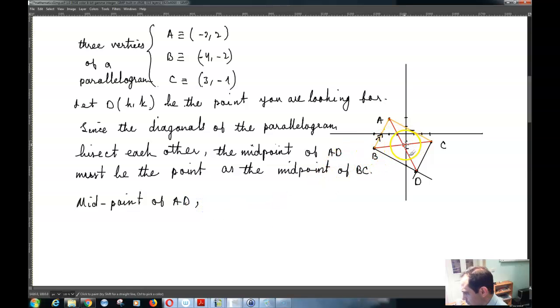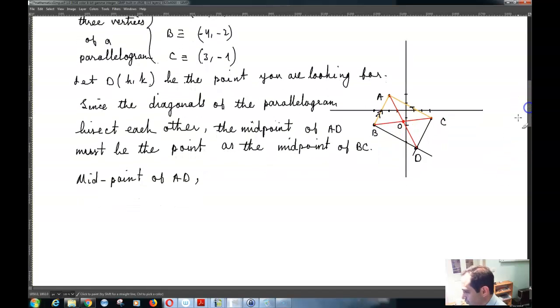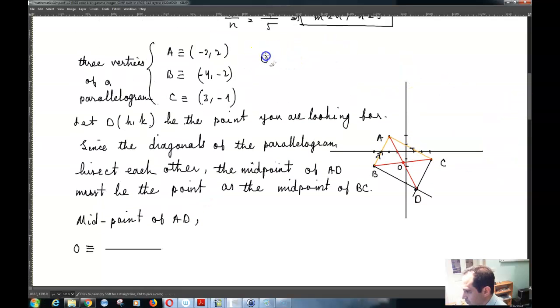If I call this point O, the coordinates of the point O with respect to this line AD would be, for the x coordinate, m times x2 plus n times x1 over m plus n.